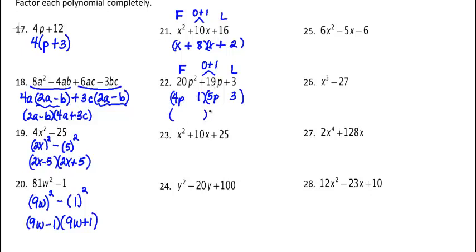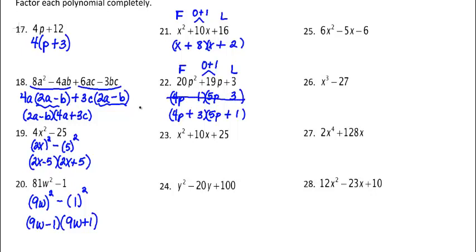But then I have to rearrange these. So let's keep the 4p and 5p alone and interchange the 3 and 1. So now I have a 4 on the outside, a 15 on the inside, and 4 plus 15 does give me 19. So that tells me that's the right combination. All the signs have to be positive.